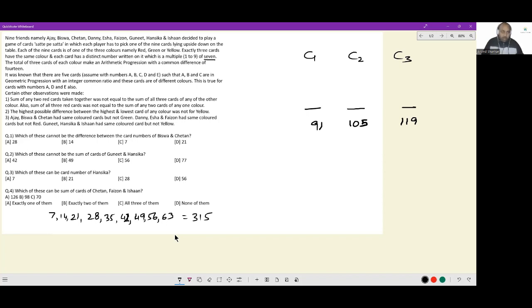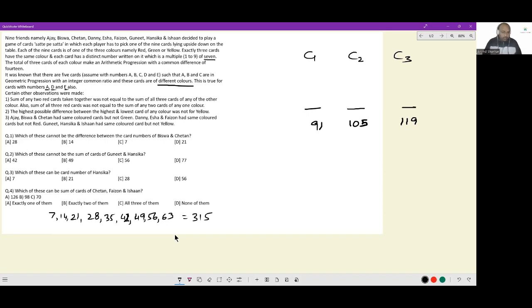Okay. It was known that 5 cards, assume with numbers A, B, C, D, E, such that A, B, C are in geometric progression with an integer common ratio. And these cards are of different colors. This is true for cards with numbers A, D, and E also.